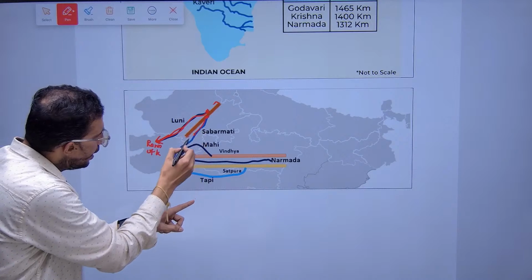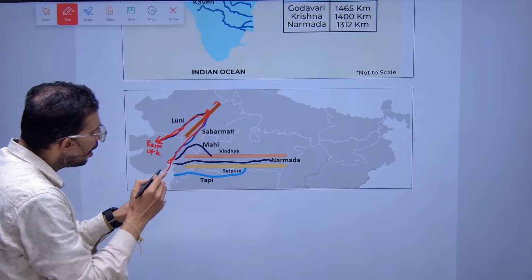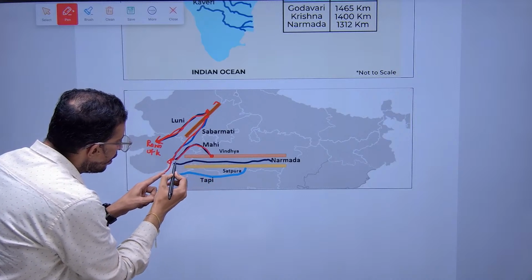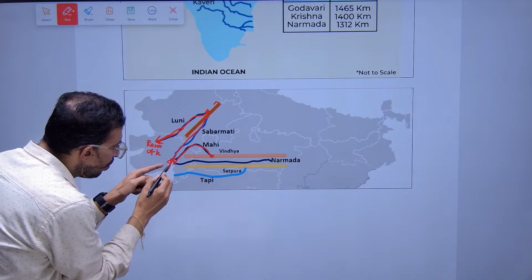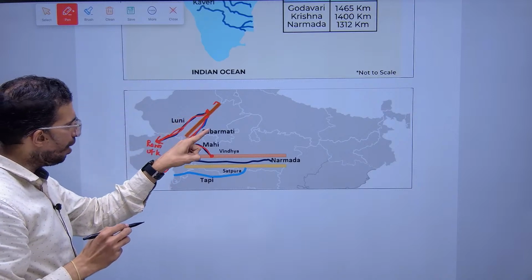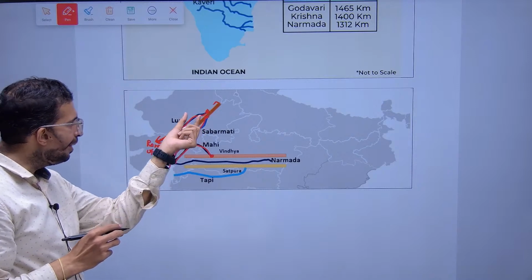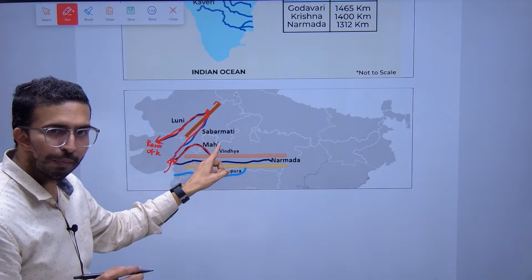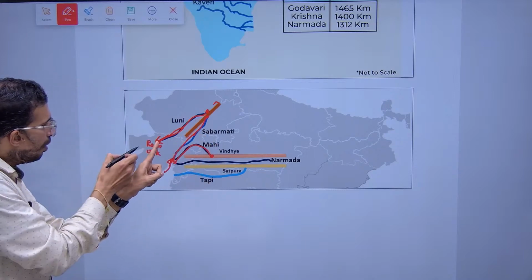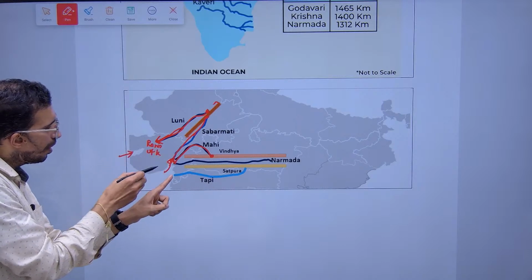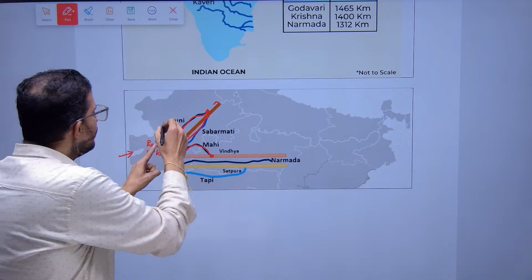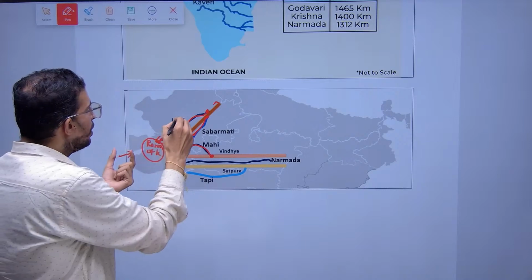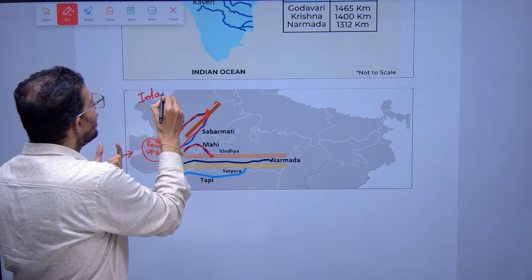Whereas the Sabarmati drains into the Gulf of Khambat, and Mahi originates in the Vindhyas and drains into the Gulf of Khambat. Luni and Sabarmati both originate in the Aravalli ranges, but what is the difference? Luni does not drain into the Gulf of Kutch or the Gulf of Khambat. It drains into the Rann of Kutch on land. So this is known as inland drainage.